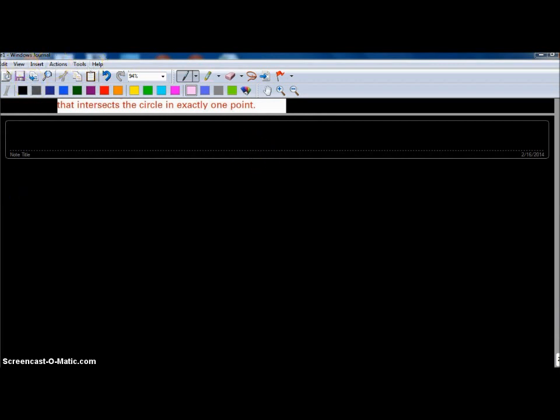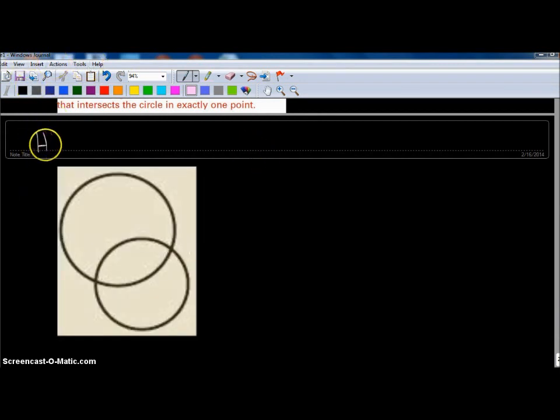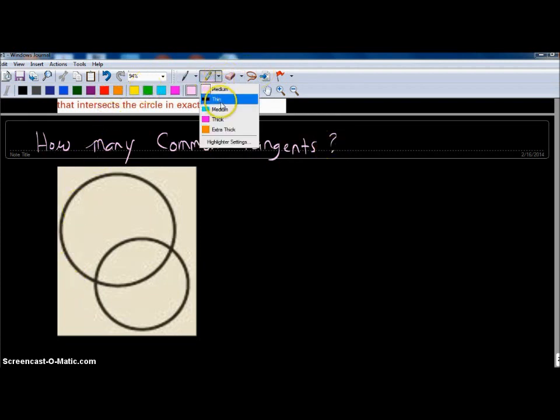So let's start with a question. How many common tangents do both circles have? Well, remember, a tangent only crosses the circle once.